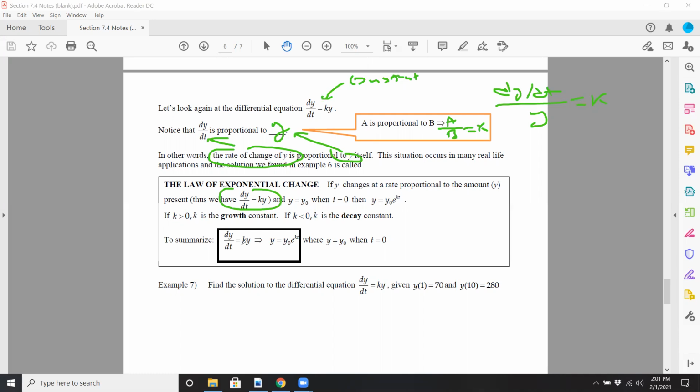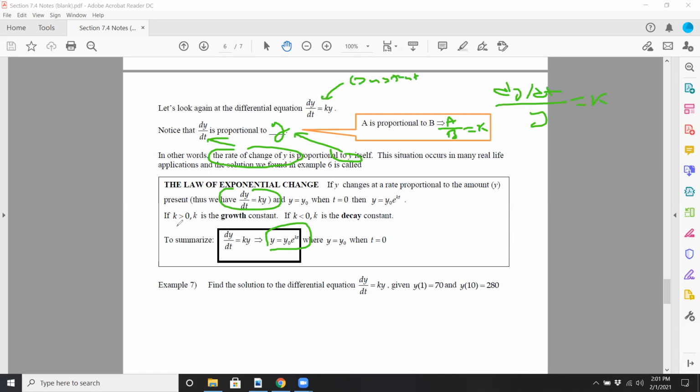So when you have dy over dt equals a constant times y, you're allowed to actually write this as your solution. So here you can see I got rid of the absolute value. I guess the assumption is that you're dealing with a positive value for y, so you don't worry about it.